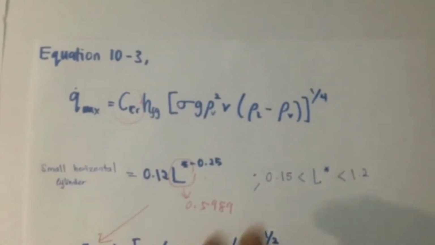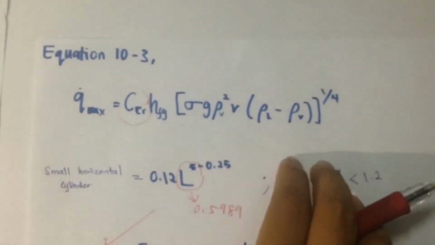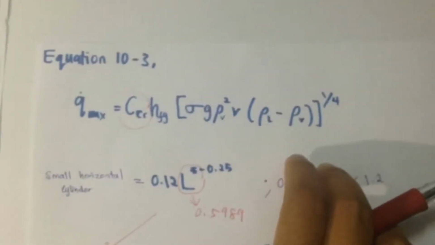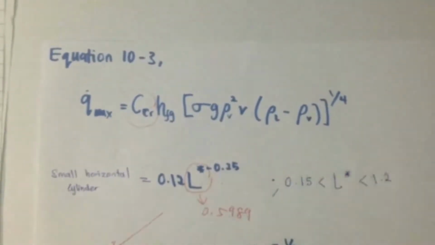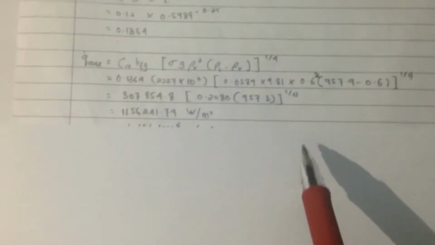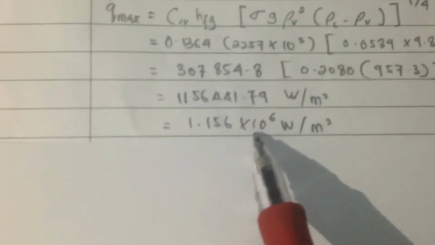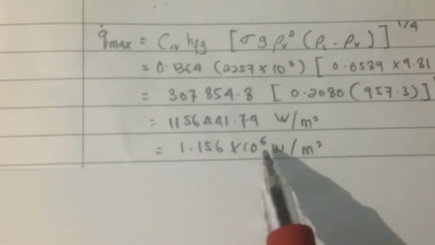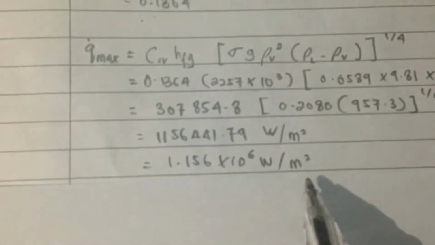So all the information is already available, and we just need to substitute it into the equation one by one and calculate to get the final answer, which is 1.156 times 10 to the power of 6 watt per meter square.